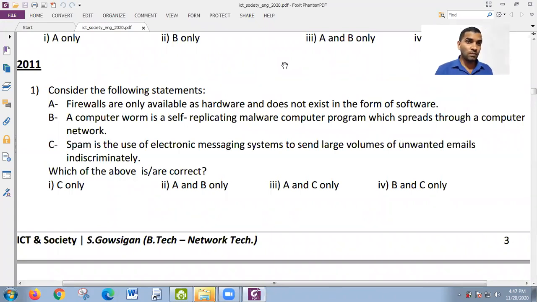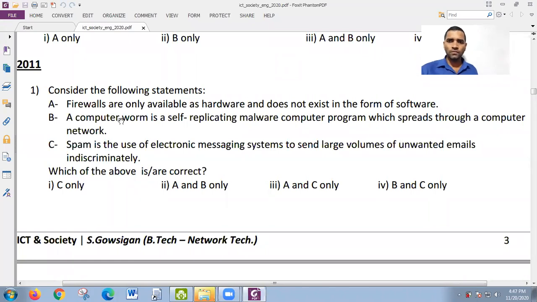If you have servers, they must be protected because servers can be attacked by external factors like hackers. So you have to give maximum security for servers. So in that case, the best choice is having hardware firewall, right? But for protecting personal computers, you may go with software firewall, right?